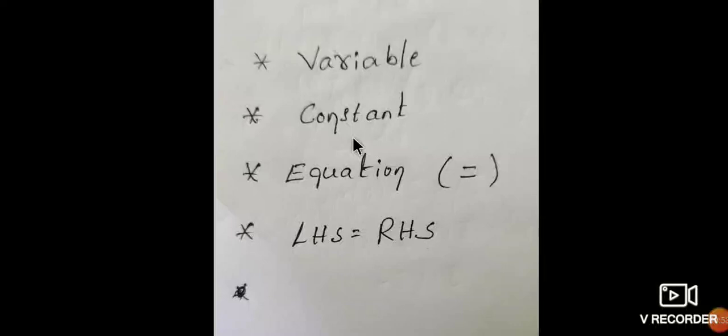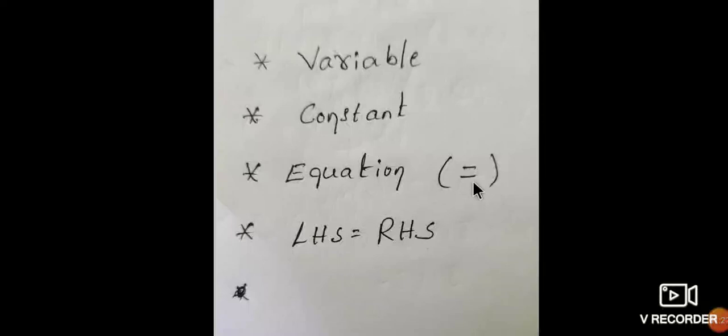And expression means that it contains variables and constants with addition, subtraction, multiplication, and division. Maybe addition, maybe subtraction, maybe multiplication, maybe division. And then equation. So the given expression is called an equation when there is an equal sign.